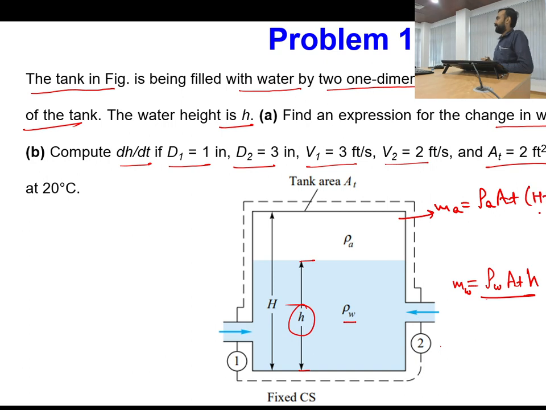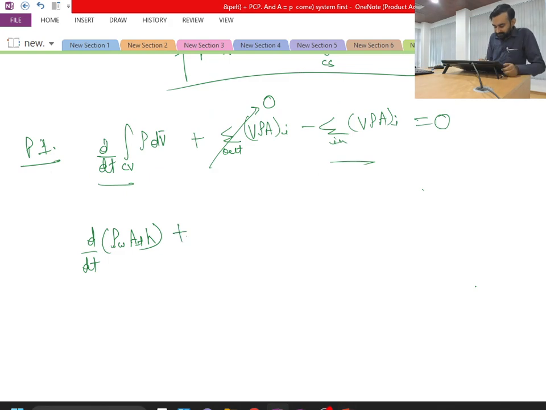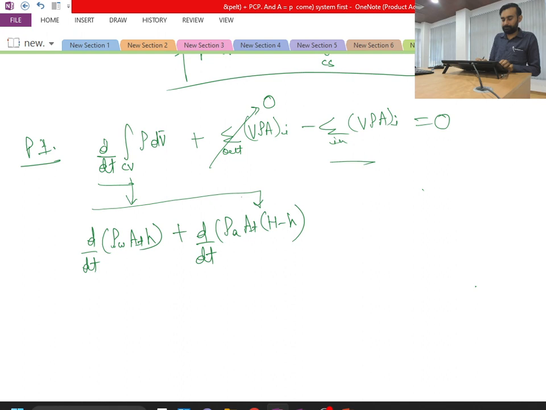This is the mass of the air. Fine. So plus d by dt of rho air At into H minus h. So this is now the first term is completed. First term is completed. Okay.